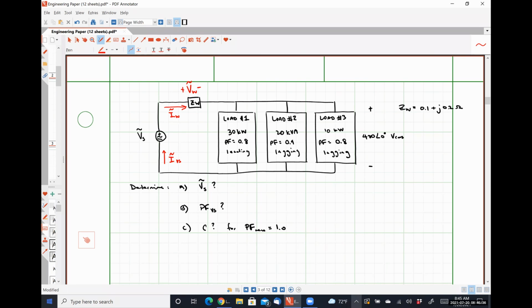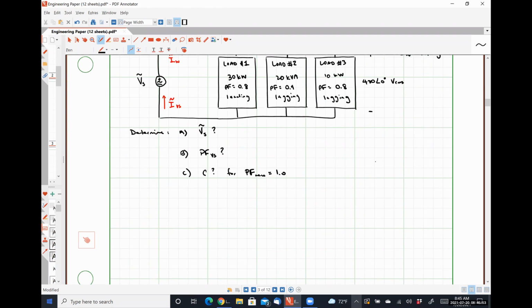Use what we know from each of the loads and I guess write it down and use the voltage and try to figure it out from there. Okay, so that's a reasonable place to start. So we know a few different things about each of these different loads, okay?